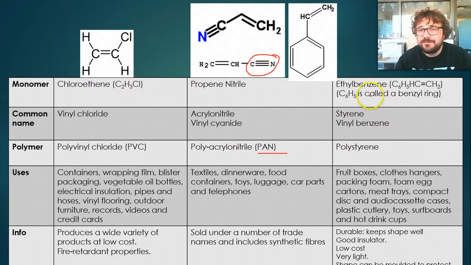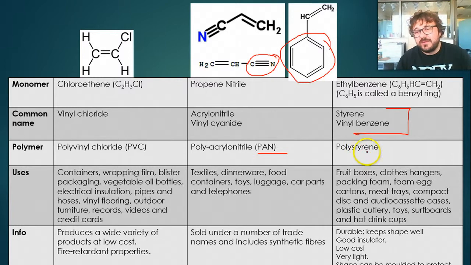And over here, we have ethylbenzene. See, that's your benzene ring right there. Or styrene, or vinyl benzene, they're the common names for the monomer. And polystyrene is what the polymer is called. This is the one that you see everywhere, in one way, but you're going to see it in another way that you're not quite thinking of.